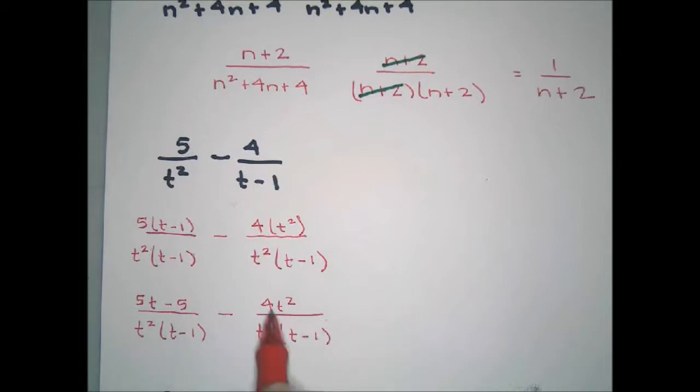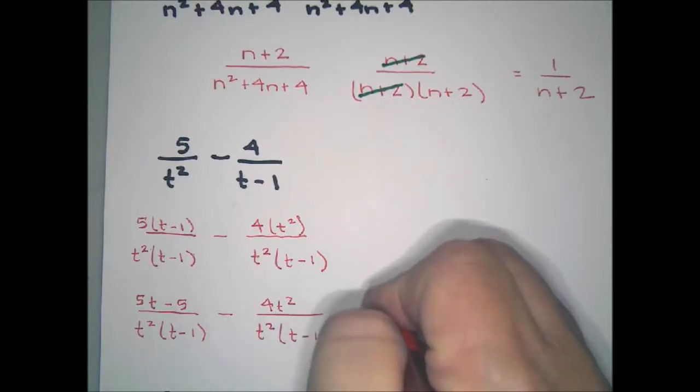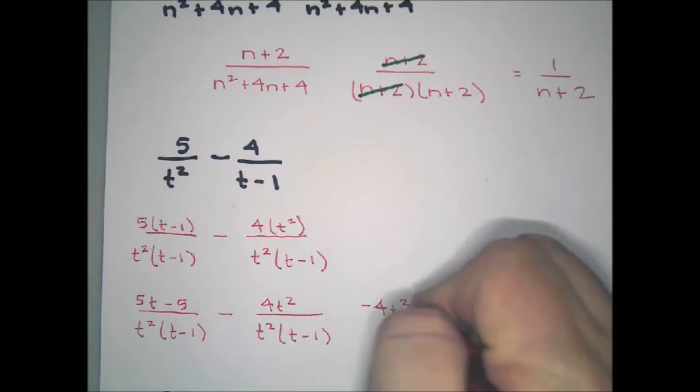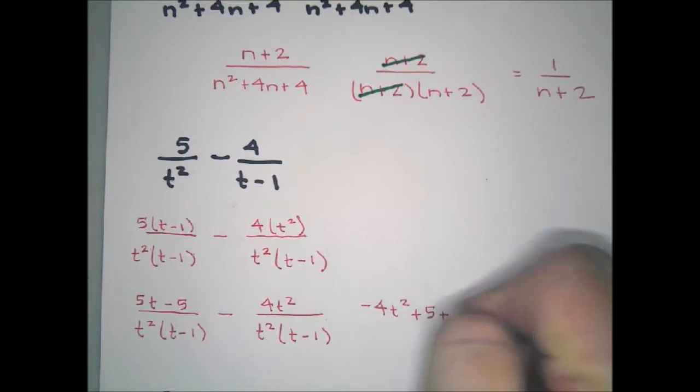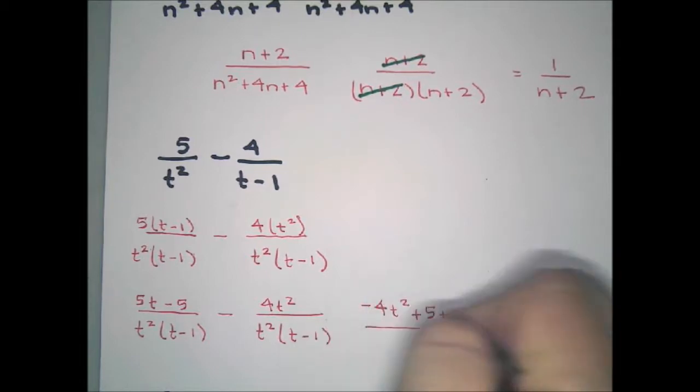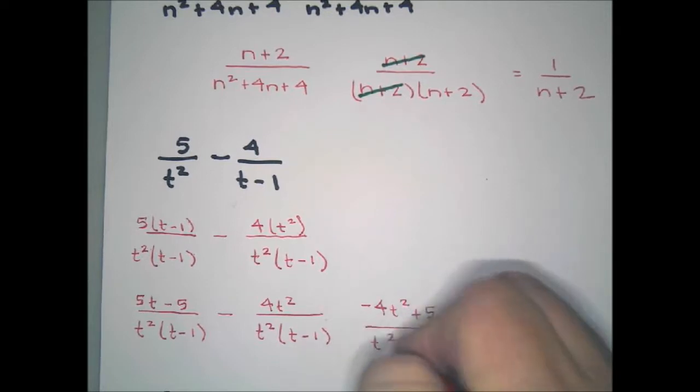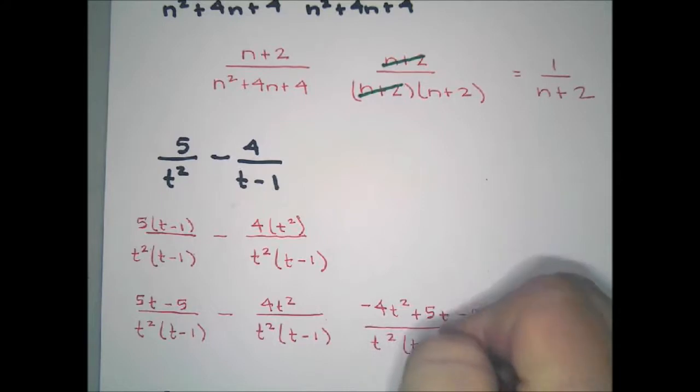I'm going to rewrite it in descending order of the t. So I'm going to start with negative 4t squared. That's the negative 4t squared right there. Plus 5t minus 5 all over t squared times t minus 1.